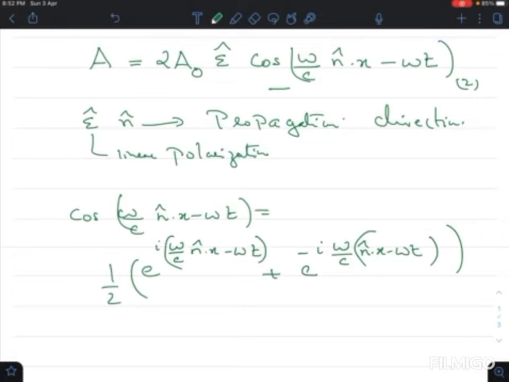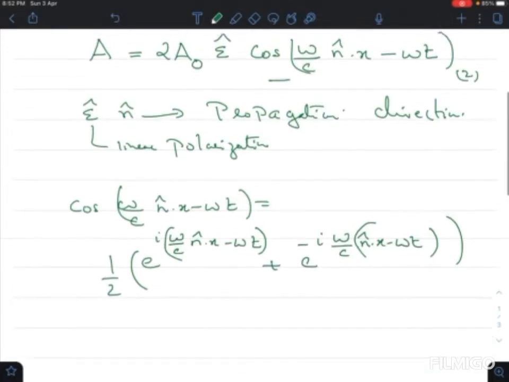Therefore your A becomes, this I can put as equation number 3.